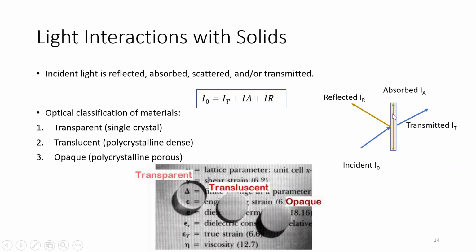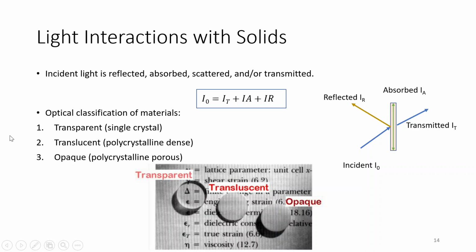If it's transparent, then more light will go through it, so this is transmitted, and then some part is absorbed, that is the absorbed intensity. So incident light is reflected, absorbed, scattered and transmitted. So this incident light can be split in three parts.